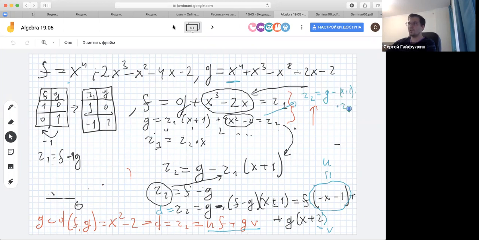So this coefficient is minus x plus 1. So to obtain R2, I need just add the first column to the second with coefficients minus x plus 1. So let's do it.